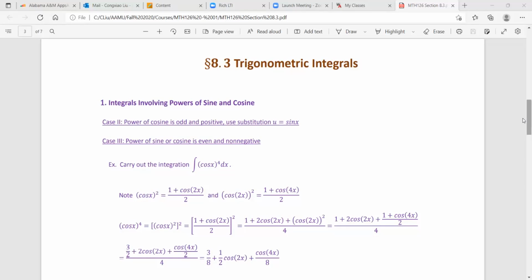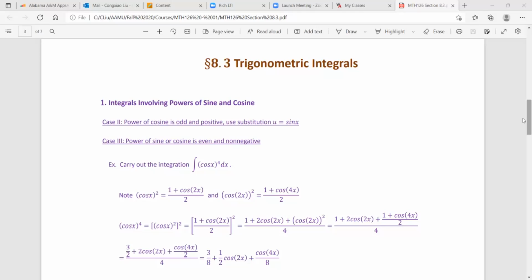What it means is we may end up with the situation that we cannot find the analytical expression for integration, and then we have to seek a numerical solution for those kinds of integrals. But there are still a few types of trig integrals that we can figure out.